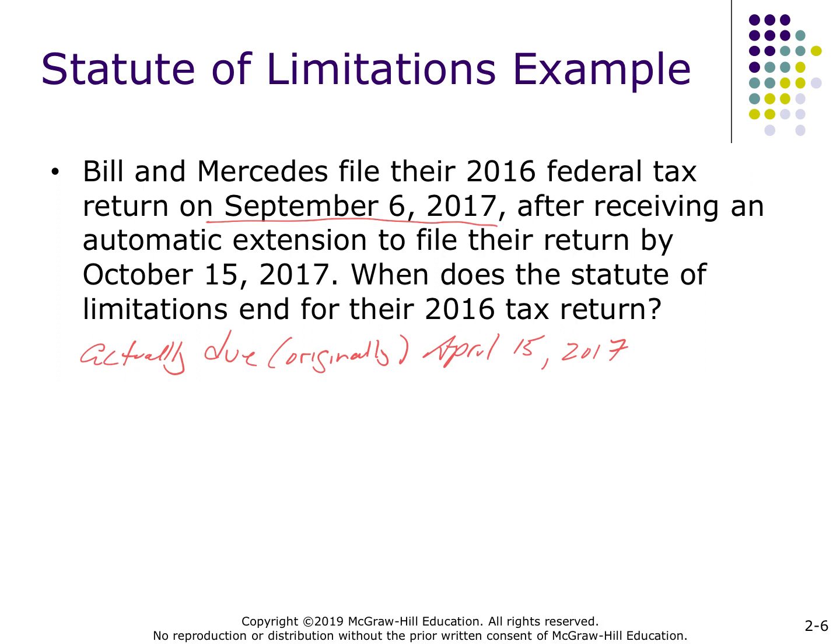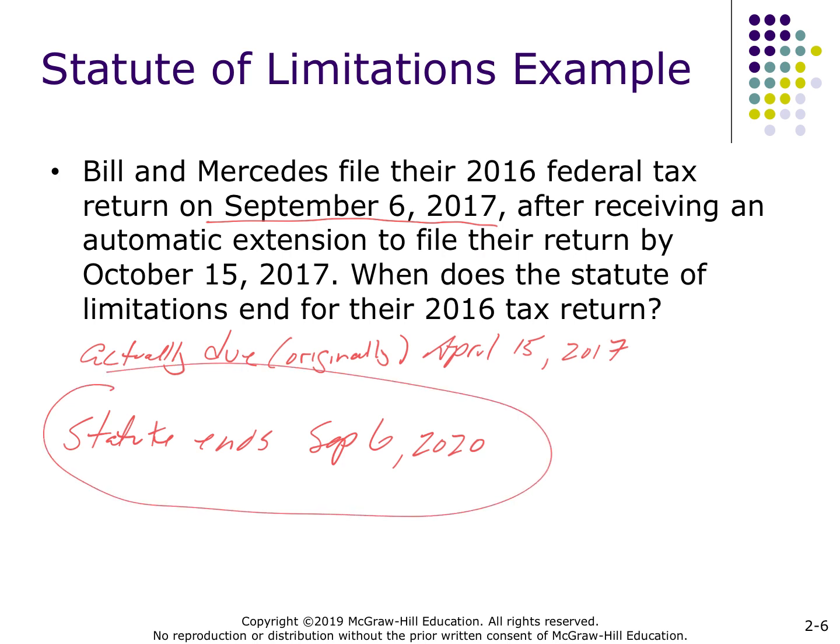So remember that the statute of limitations ends 3 years after the later of the actual filing date and the original due date. All right? So the statute ends September 6, 2020. Okay? Because that's the later of those two dates.